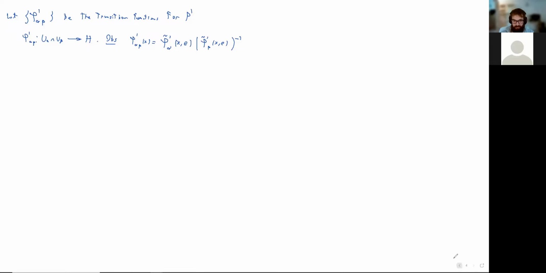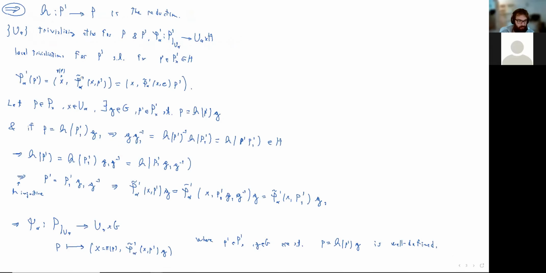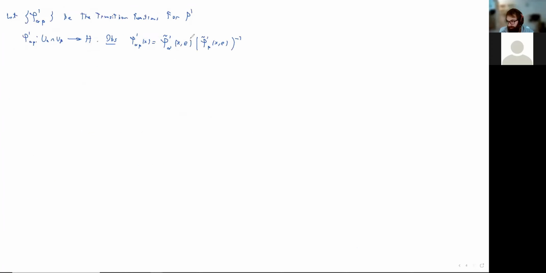Okay, and the reason for this is that these maps that we started with, this phi alpha tilde prime, were the local trivializations for P prime. So when you compute phi alpha prime composed with phi beta prime inverse, this P prime cancels out, and you get exactly this equality.